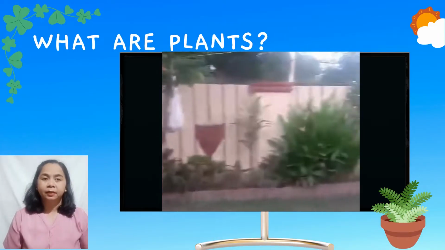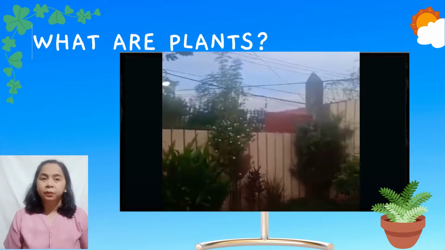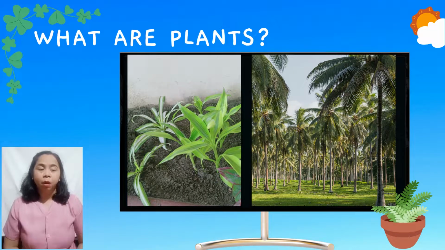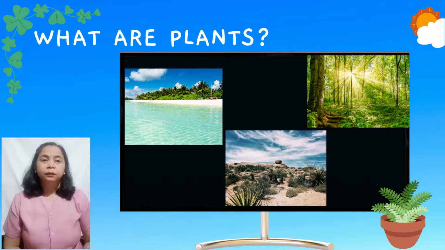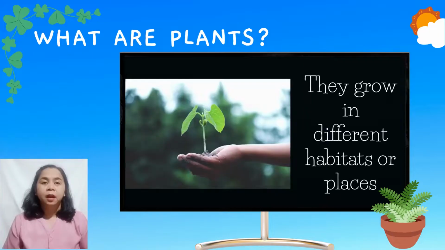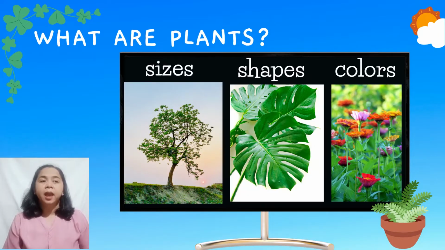What are plants? We see plants around us, whether small or large, on the land or in the sea, from the desert to the forest. They grow in different habitats or places and come in many different sizes, shapes, and colors.